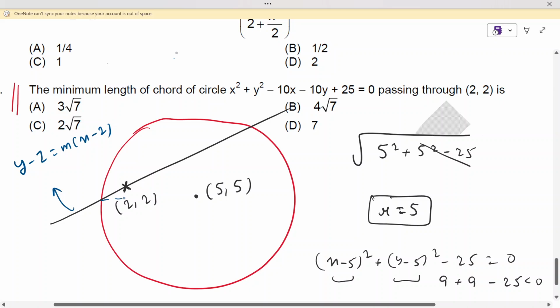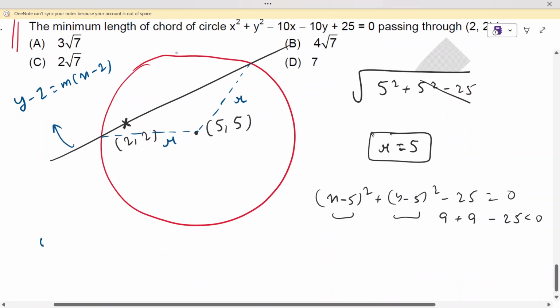This is the equation of this chord, no? So we have y is equal to mx minus 2m plus 2, fine. Got it?